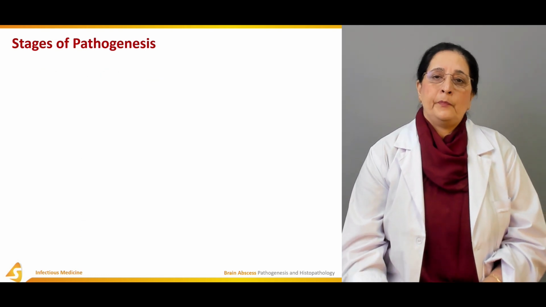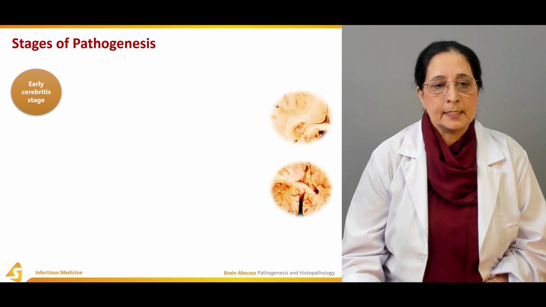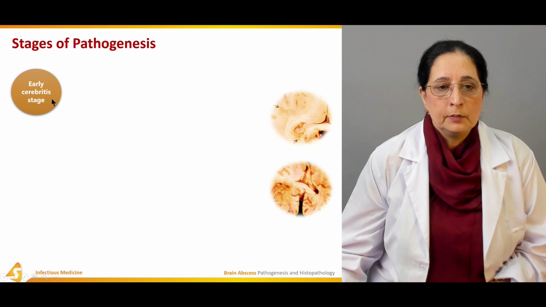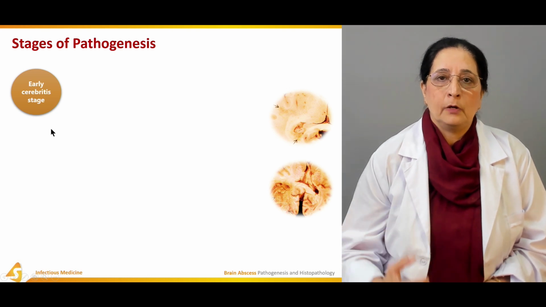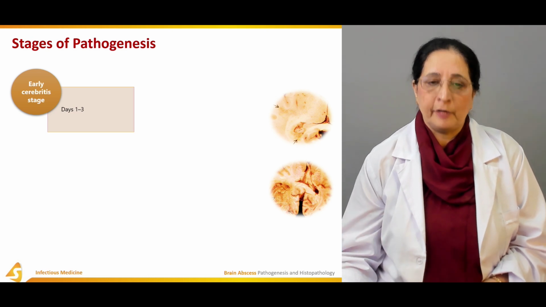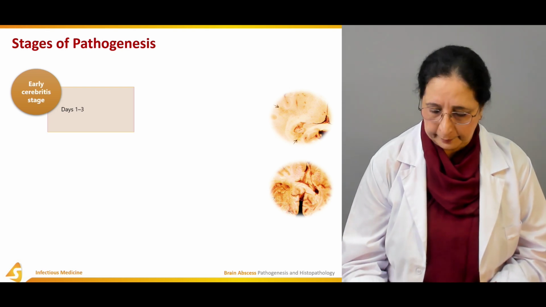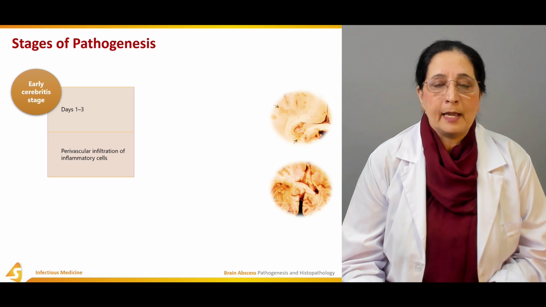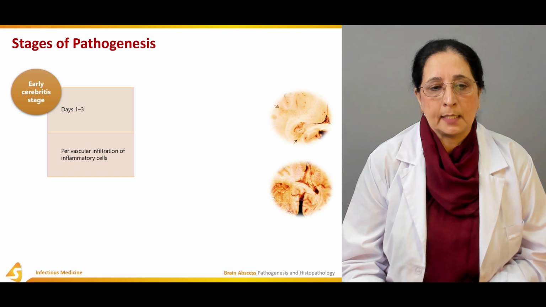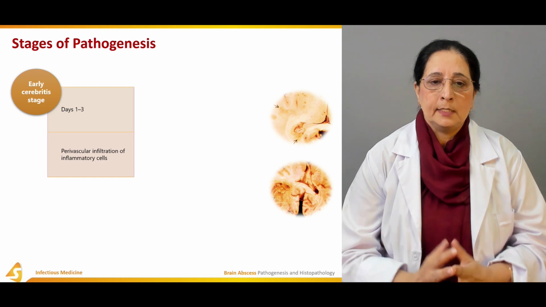Now, what are the different stages through which this disease progresses? We have the early cerebritis stage, the initial infection of the cerebrum, which is day 1 to day 3. Perivascular infiltration of inflammatory cells occurs, around the blood vessels.